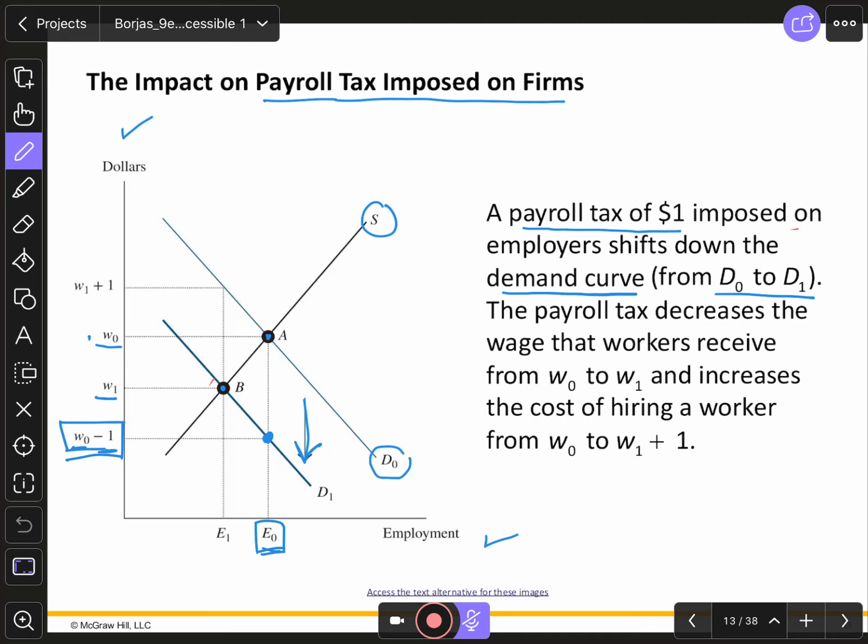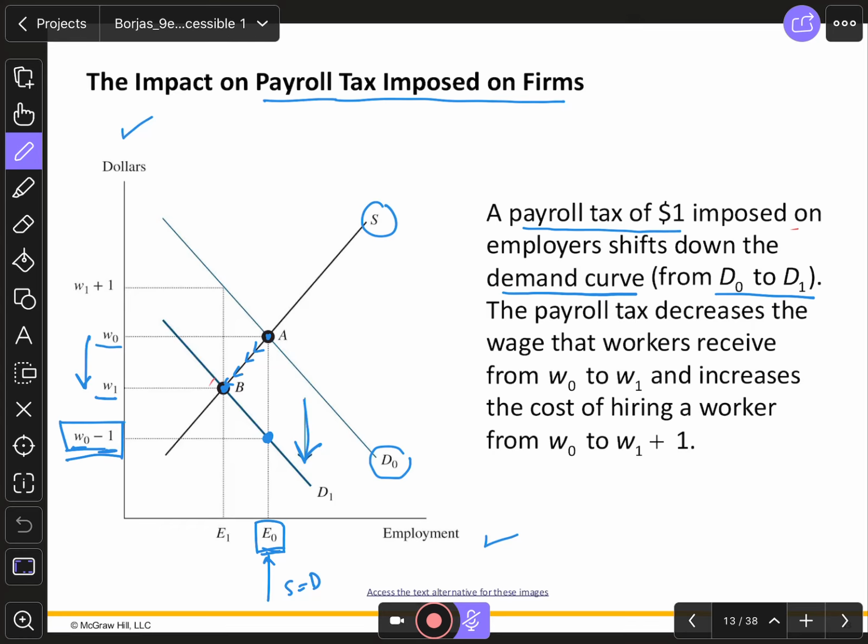At W1, as the wage decreases, the quantity supplied also decreases. The supply used to be at point A, where supply was equal to demand. Now, as the wage drops, the supply of the service is also going to drop until we reach a certain equilibrium at point B. So the employment level is also going to drop, from E0 to E1.